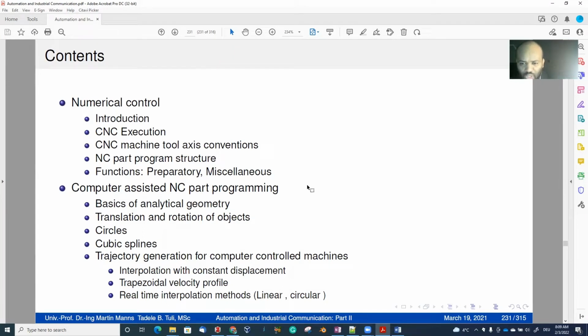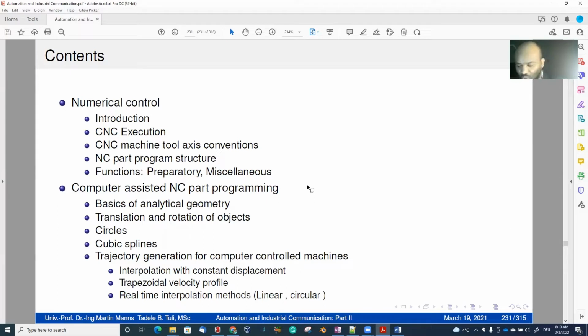So in general, we have numerically controlled machines. These are machines with a few degrees of freedom, unlike robots. They have some limited degrees of freedom most of the time. There is either a rotating tool or a linearly moving tool, or a linearly moving or rotating workpiece or object.